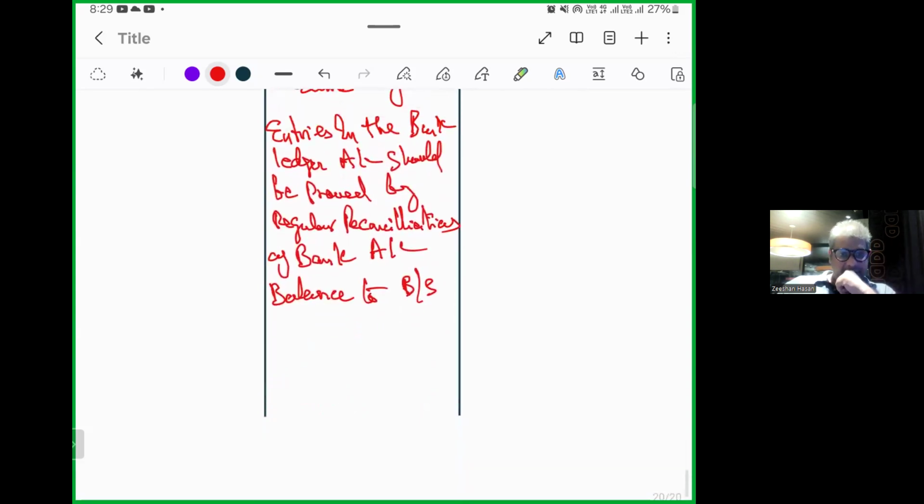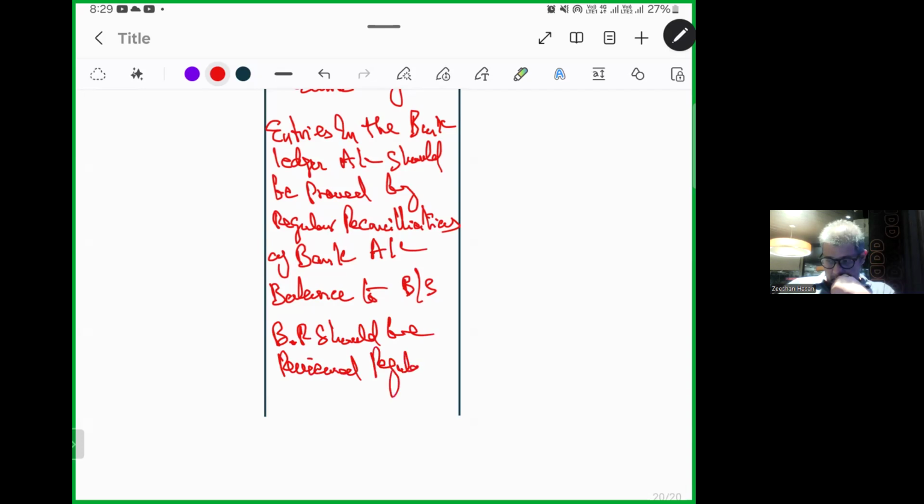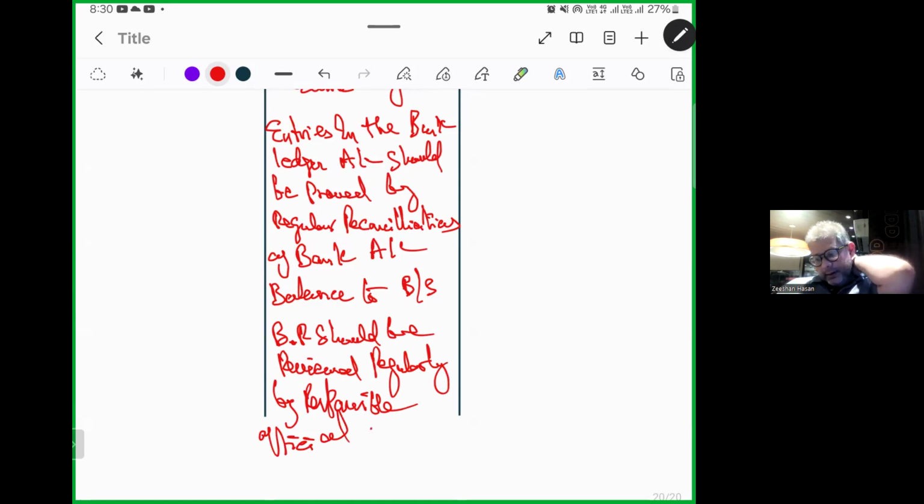And lastly, bank reconciliation should be reviewed regularly by a responsible official, independent of recording function.